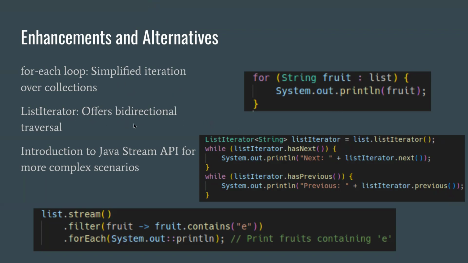The good thing about ListIterator is that it offers bidirectional traversal. You can see that this ListIterator not only has a next method, but also has a previous method. And for modern Java applications, you can use the Stream API, which provides more advanced capabilities for processing collections efficiently. And here's a simple example.